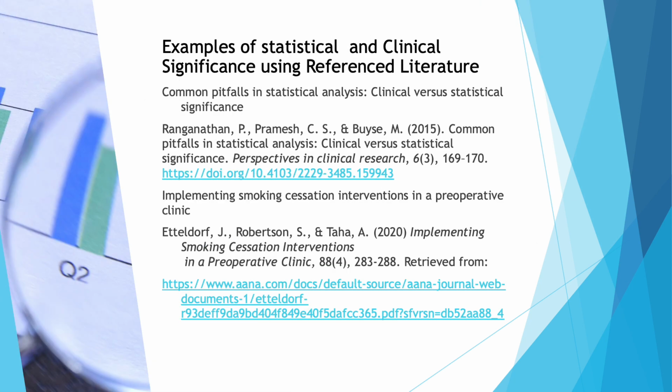In reviewing some articles, we came across some examples of statistical significance and clinical significance. This one article that was published in the Journal of Clinical Oncology compared survival in 569 patients with advanced pancreatic cancer who were randomized to receive erlotinib plus gemcitabine versus gemcitabine alone.